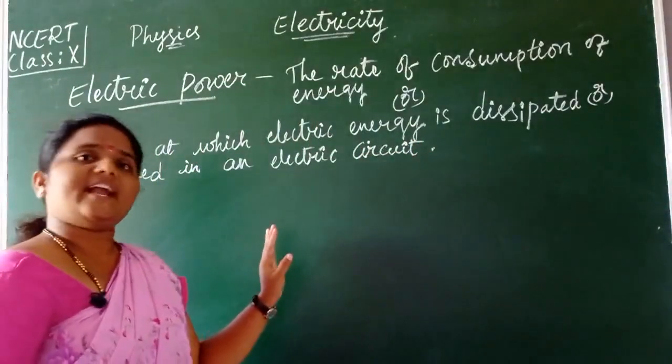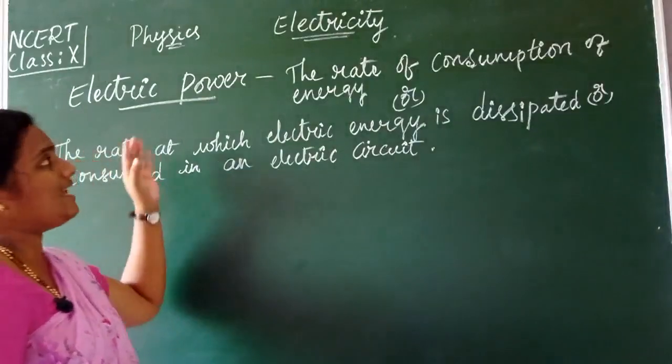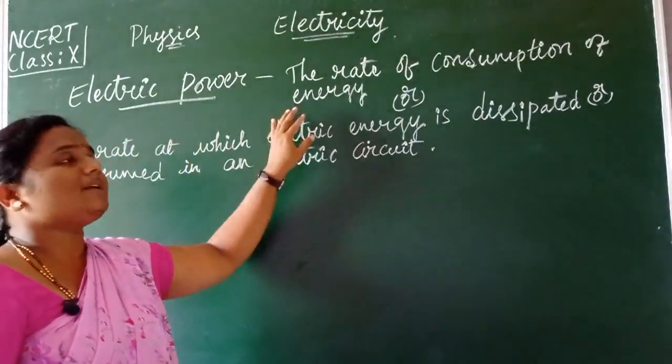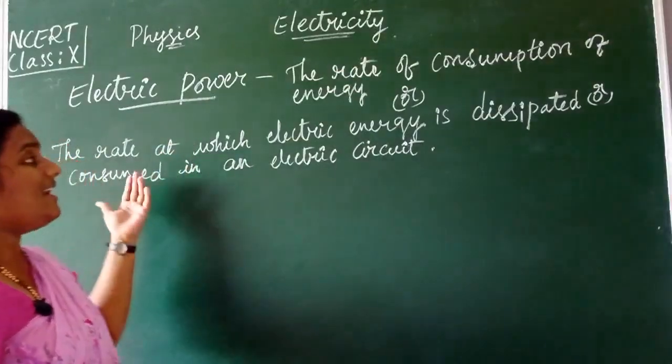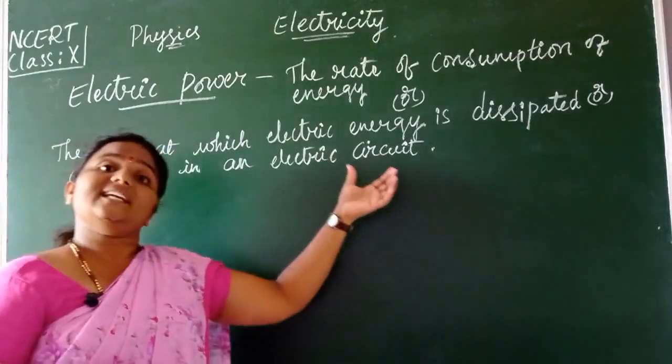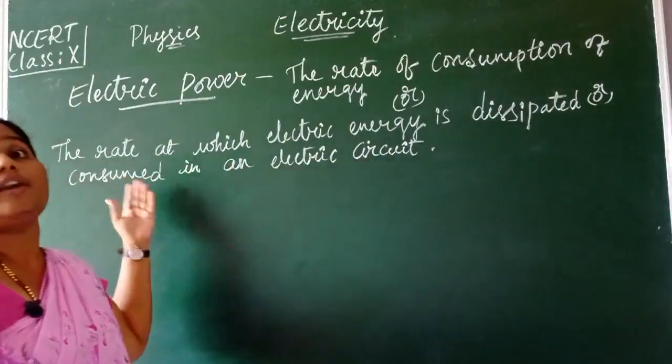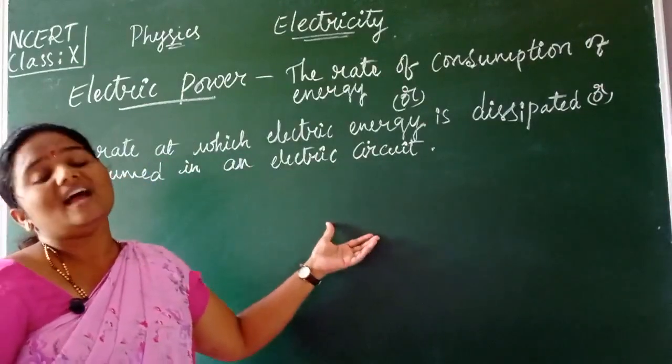In both ways we can define it, children. Generally we can say that electric power is nothing but the rate of consumption of energy, or the rate at which the electrical energy is dissipated or consumed in an electric circuit.